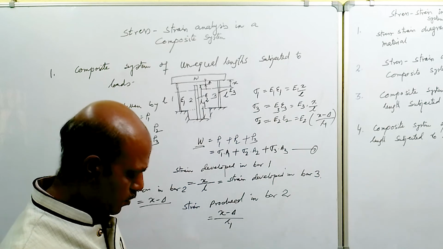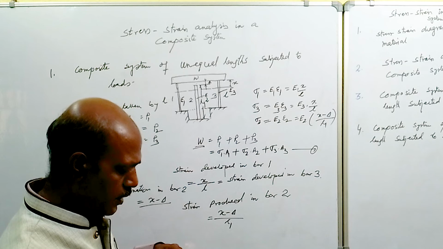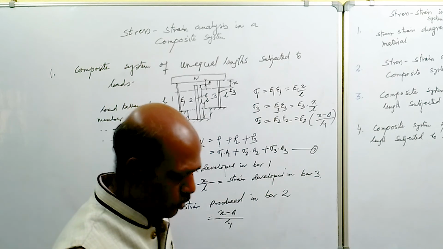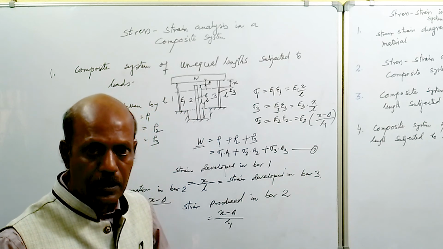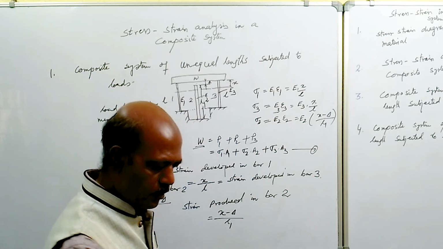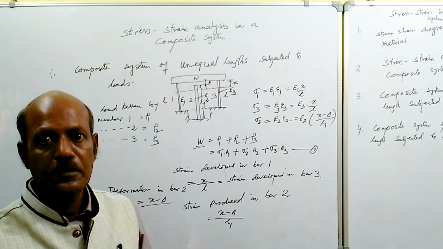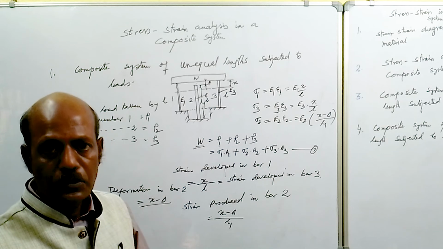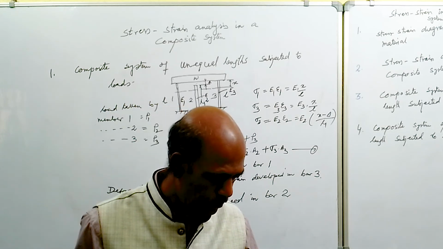I hope with this derivation you can solve the problem easily. So these are the derivations related to the composite system. In the next class we will see some problems related to the composite system. So this is all about the composite system.